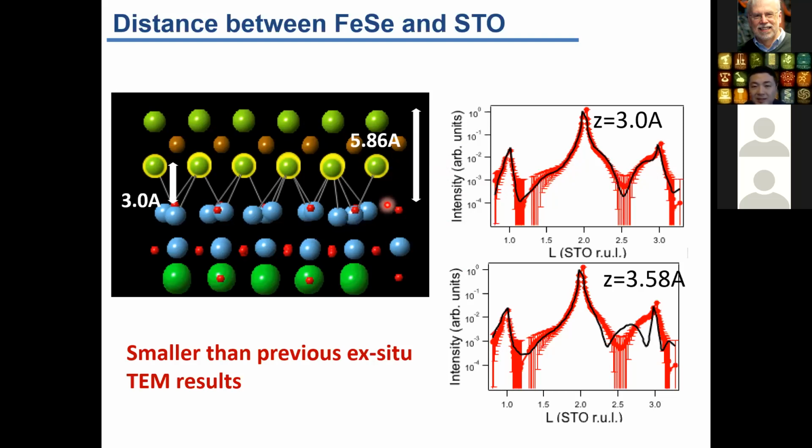Because we did the XRD measurement in situ, we can carefully extract the distance between the TiO2 and the iron selenide. We extract a number of about 3 angstrom from the bottom layer of iron selenide to the top layer of TiO2. If we use the previously found numbers from ex situ samples, which are at least 20% larger, it doesn't fit our data very well.